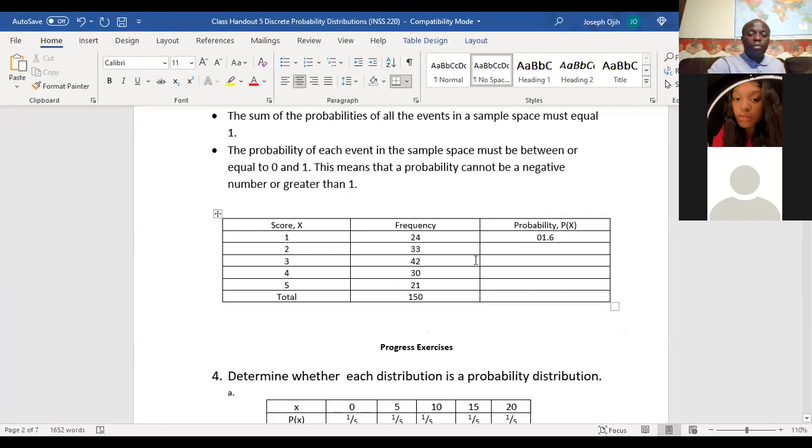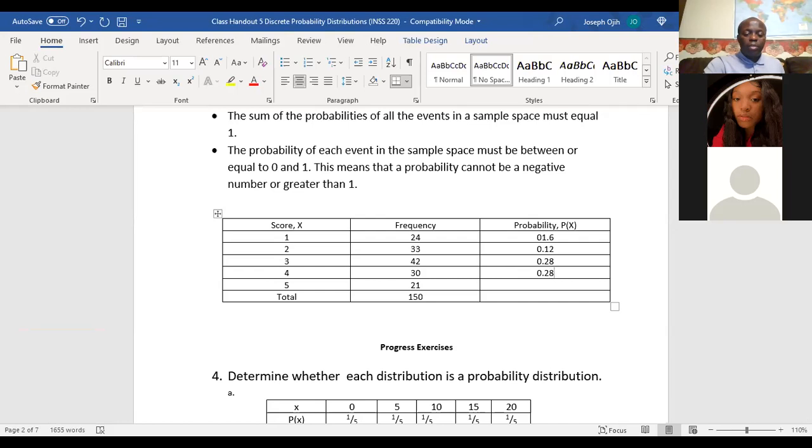And 33 by 150 is going to get 0.22. Then 42 by 150 is 0.28.